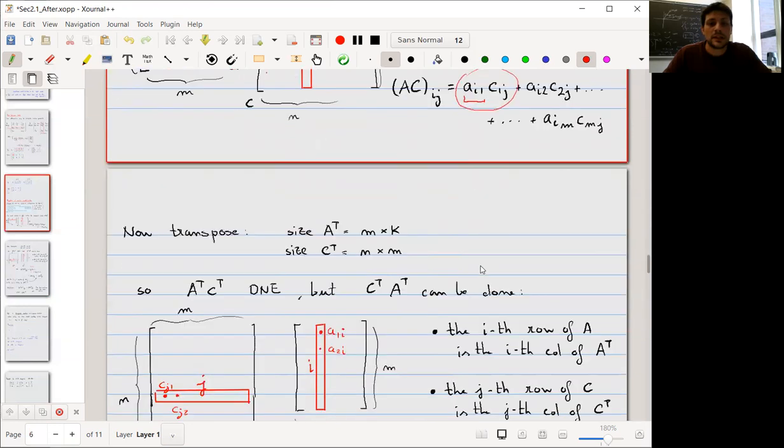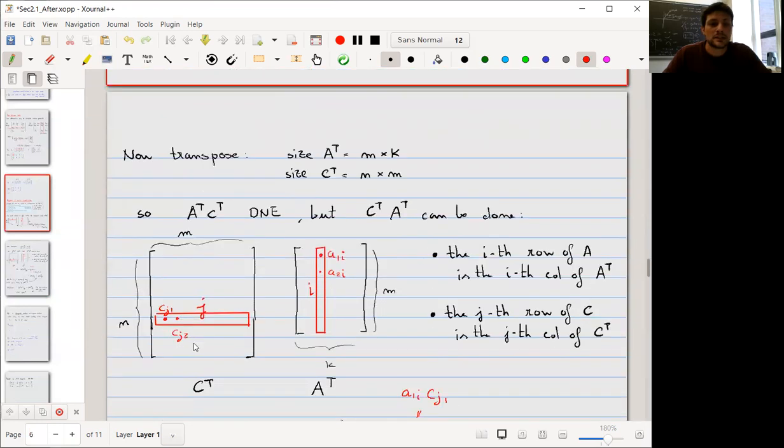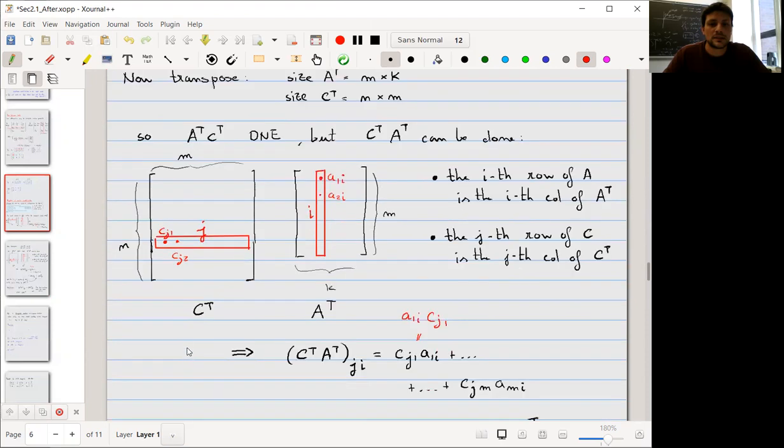Did I write them right? It's a transpose matrix. So this is C1j, and this is C2j. There was a little mislabeling there.